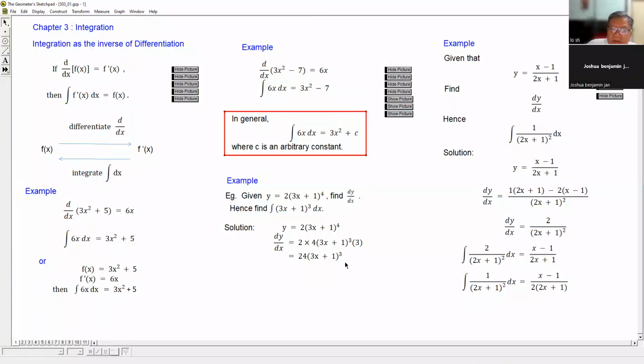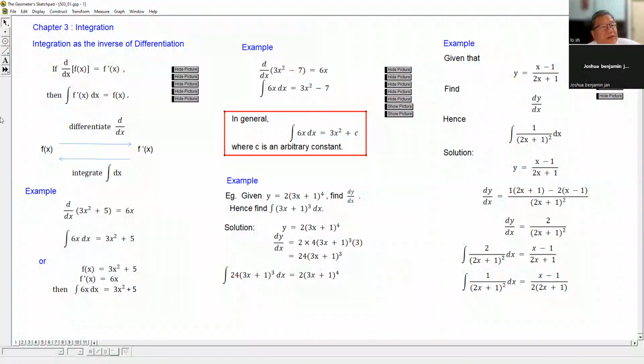This is the answer. So when I integrate this 24 (3x plus 1) cubed, I should get back 2 (3x plus 1) to the power 4. That is the reverse of differentiation. So I write down, integrate 24 (3x plus 1) cubed equals 2 (3x plus 1) raised to the power 4.